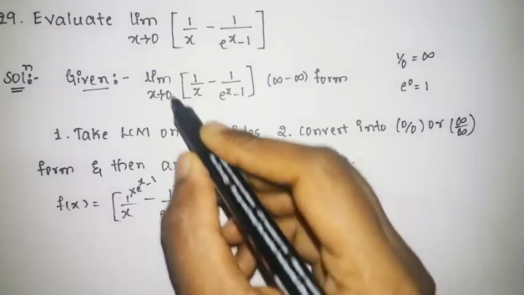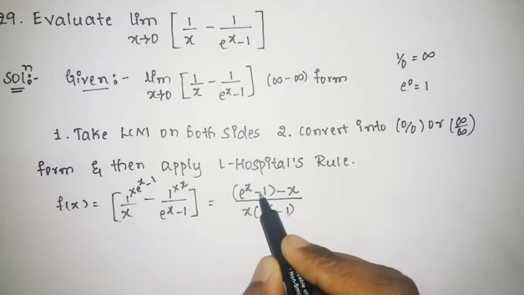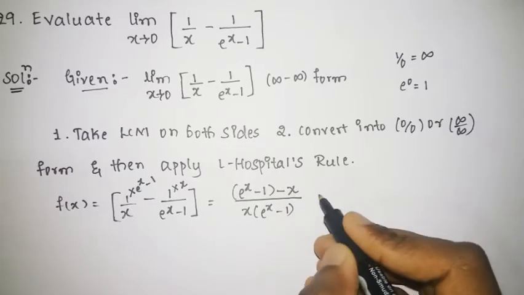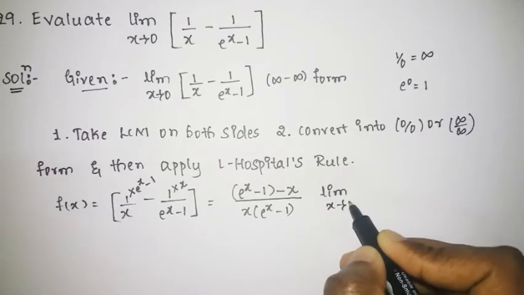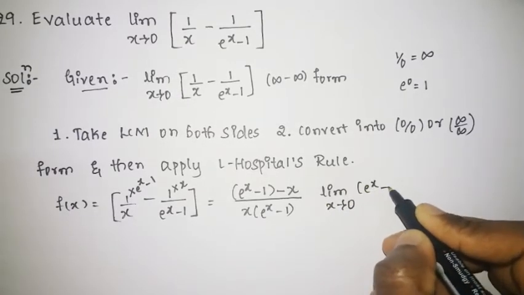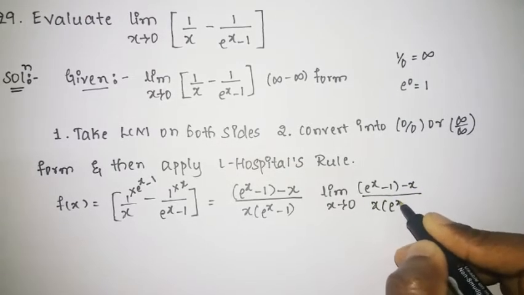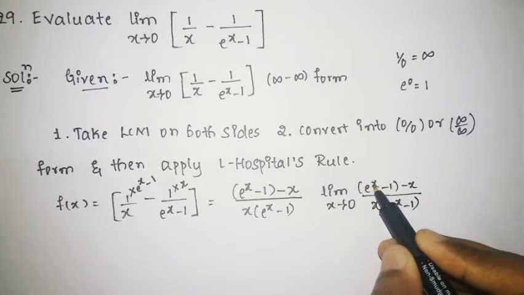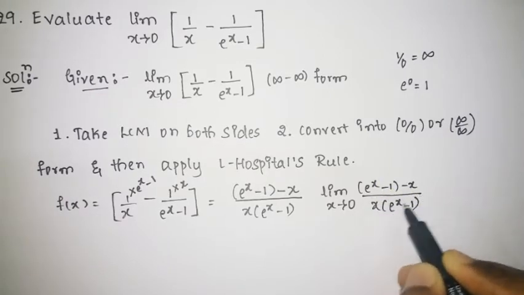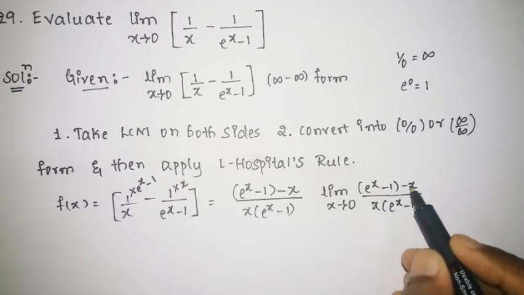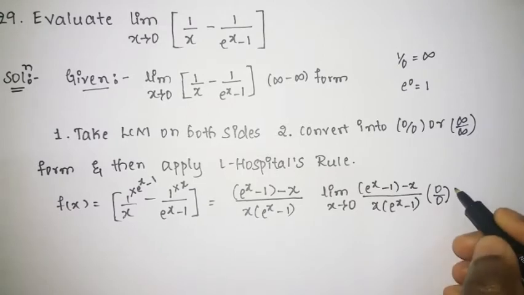Limit as x tends to 0 of e raised to x minus 1 minus x, whole divided by x into e raised to x minus 1. E raised to 0 is 1, minus 1 is 0, minus x is 0. In the denominator, e raised to 0 minus 1 is 1 minus 1, which is 0, so the entire term is 0. Therefore we have reduced it to 0 by 0 form.